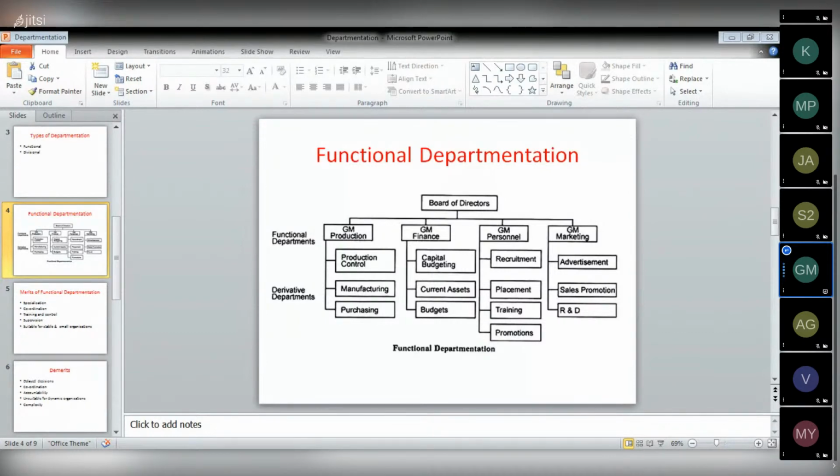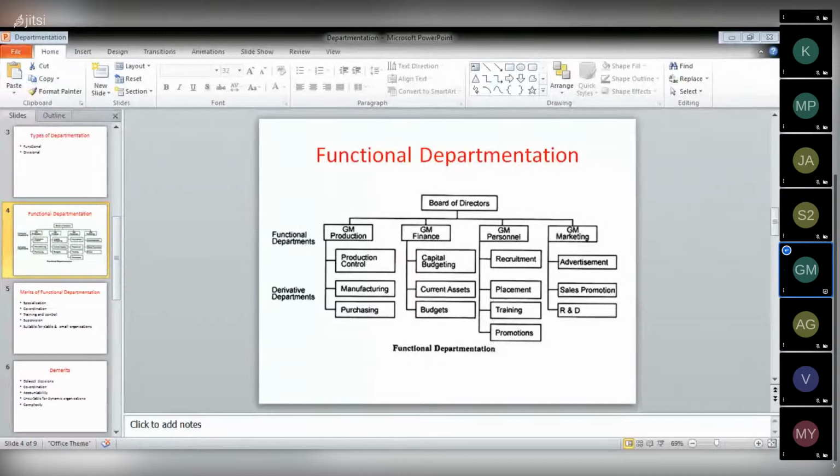If workers are not able to carry out activities efficiently, the departmental managers can train them so that employees can perform well and achieve the objectives of the department and simultaneously the goals of the organization.